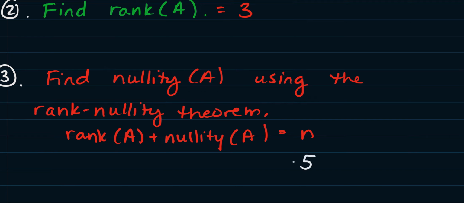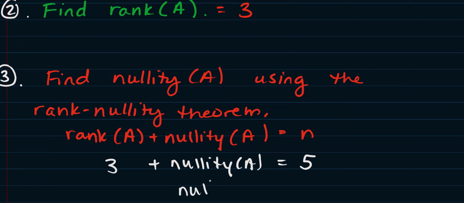So 5 is equal to the nullity plus 3 because that's the rank. So the nullity is 2. Let me write this. The nullity of A is 2.